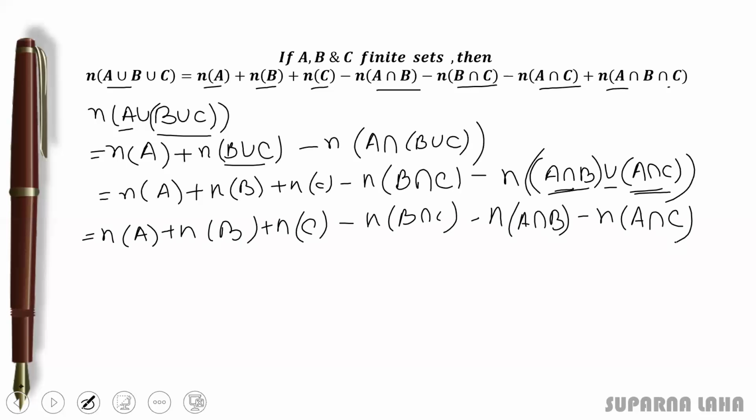If you take the intersection and apply the properties of sets, you will find this is plus the number of elements in A intersection B intersection C. So this is the formula.